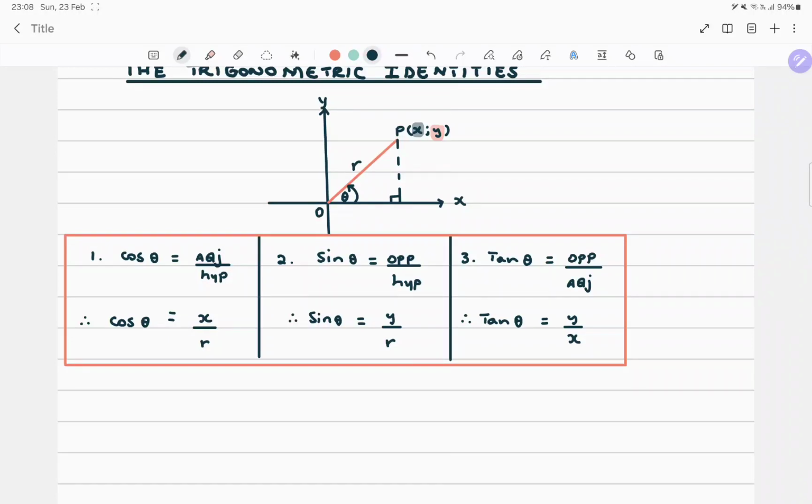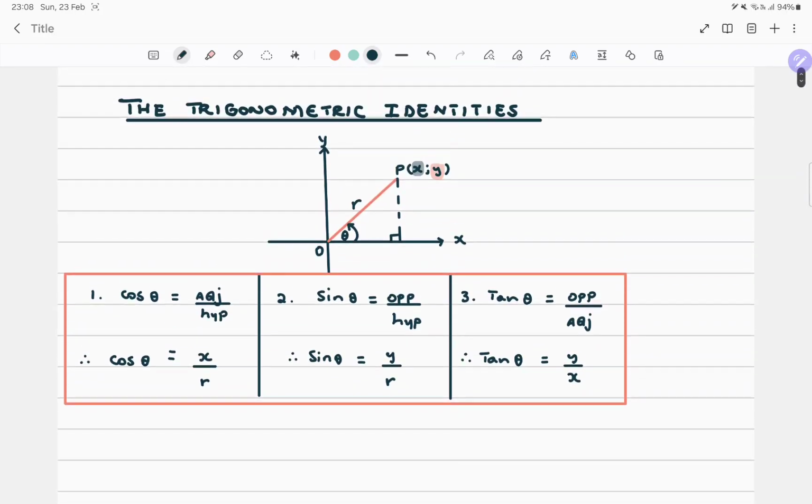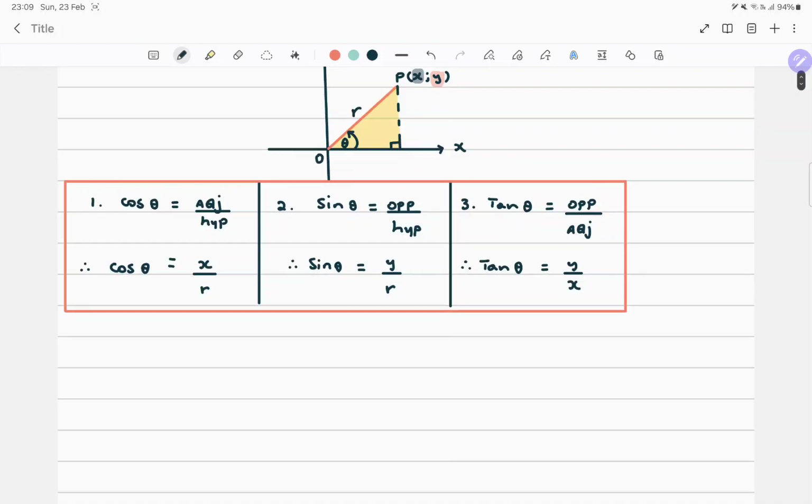So we need to remember this at all times. Here we have not put any lengths into this thing. And we know this is grade 11 work. And from here, we notice something. If we look at this right-angled triangle, Pythagoras tells us something, you know?